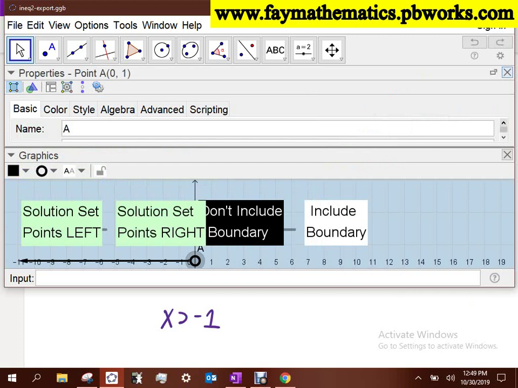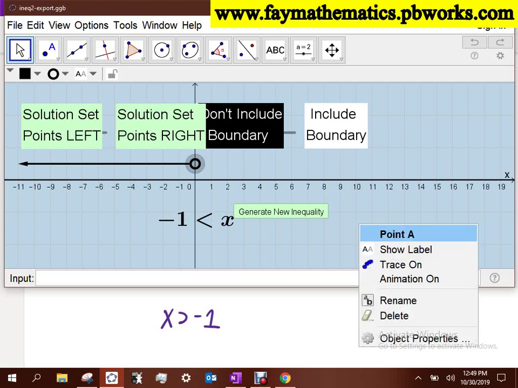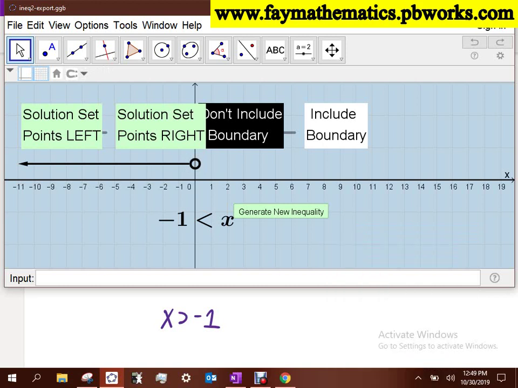I'm trying to change the size of the x-axis here, but I can't do it for some reason. So I apologize for that.